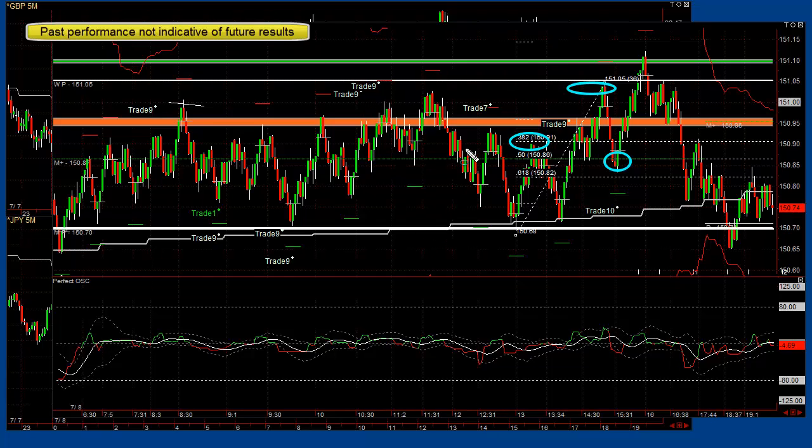So my goal is to have brand new traders that have no idea what they're doing just pull up our charts, look at the currency index and know which currencies to trade, wait for a buy signal or sell signal, take the trade, and know that if you take every trade, you're going to make money most days. And that's it. And be able to grow your account very rapidly.